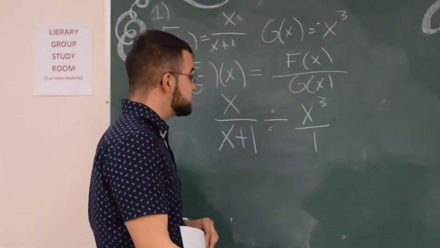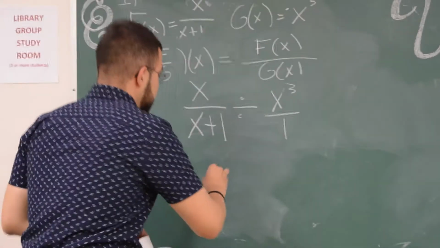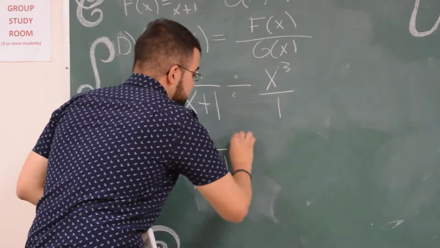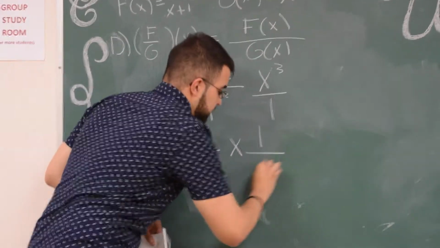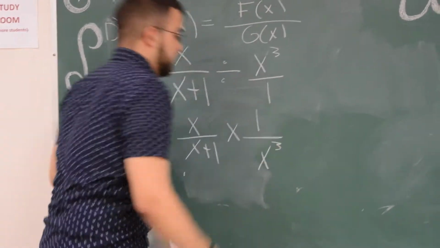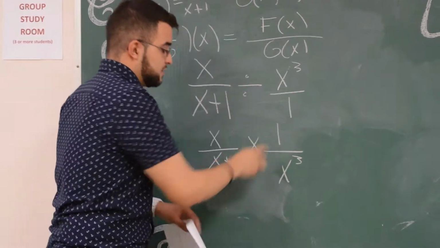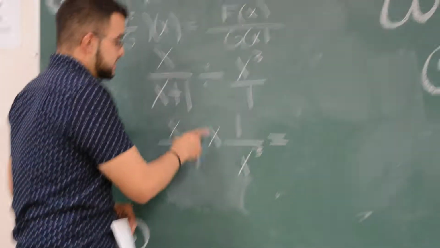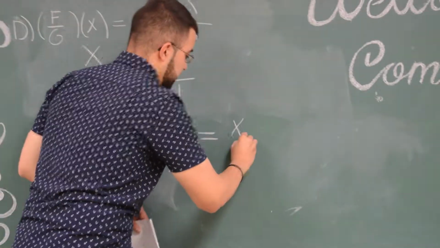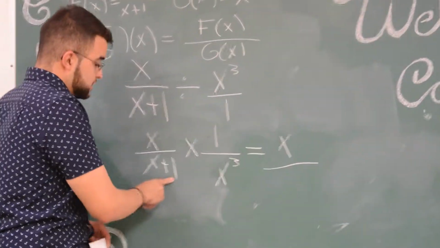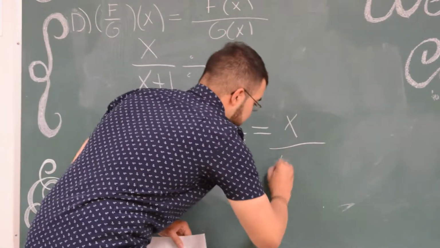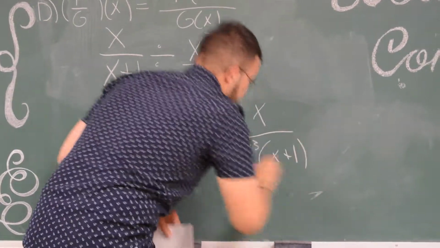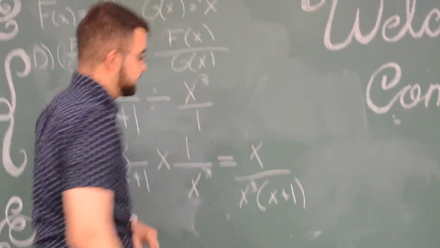How do I divide fractions? Well, if you recall, I just have to multiply times the reciprocal. So I flip the second one, the reciprocal, and I just multiply across. X times 1, x plus 1 times x cubed gives me x cubed times x plus 1.